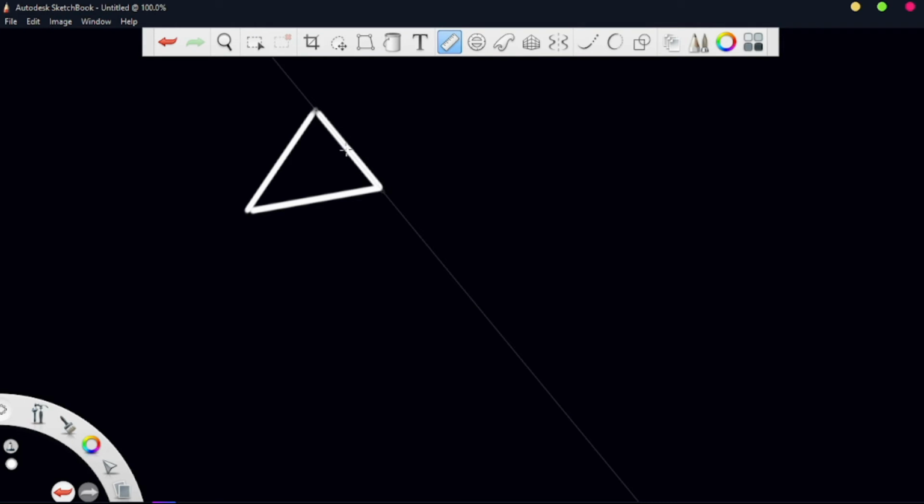Let's say this triangle is Y, and then here we have Z, and then we have X.